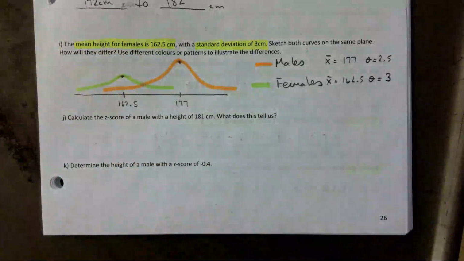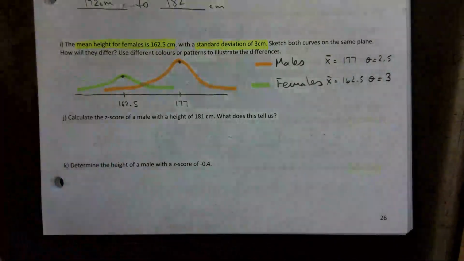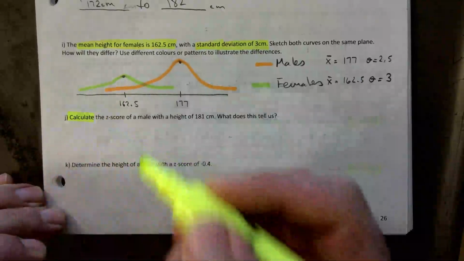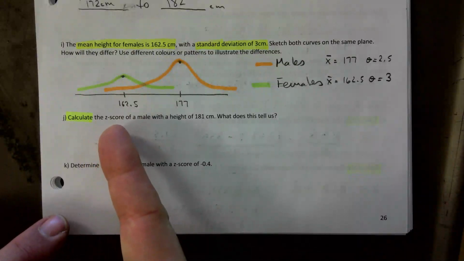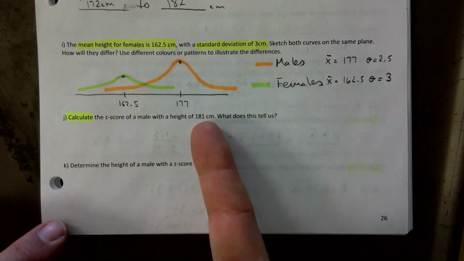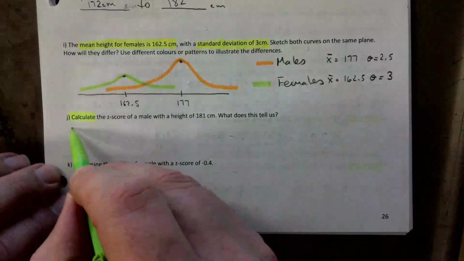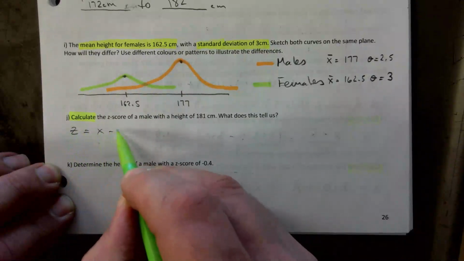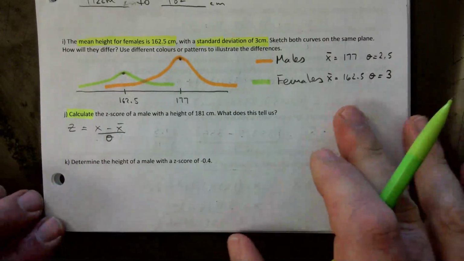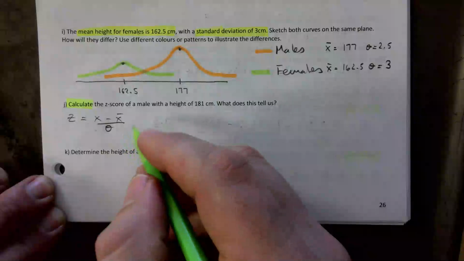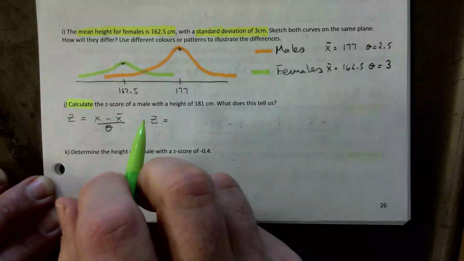let's go to 26 here. Again, I ask you to calculate, not just to estimate, calculate. Calculate the z-score for a male with a height of 181. Okay, so we're going to do that. This is the formula for z-score. Page 26.